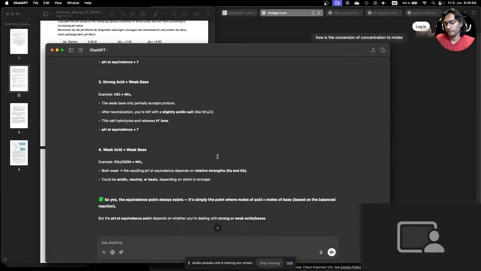In this case, both the acid and base are strong, which results in a pH of 7 with a neutral salt and water as part of the solution.